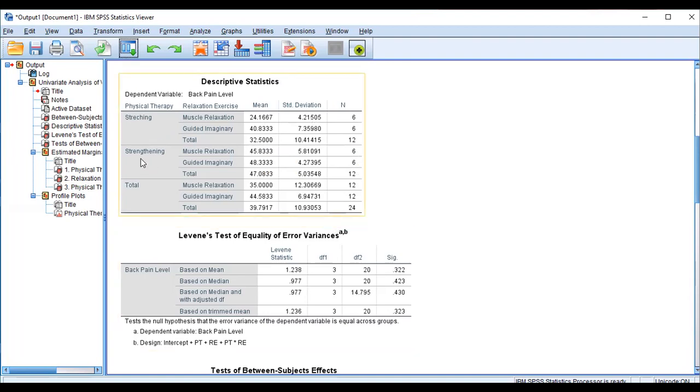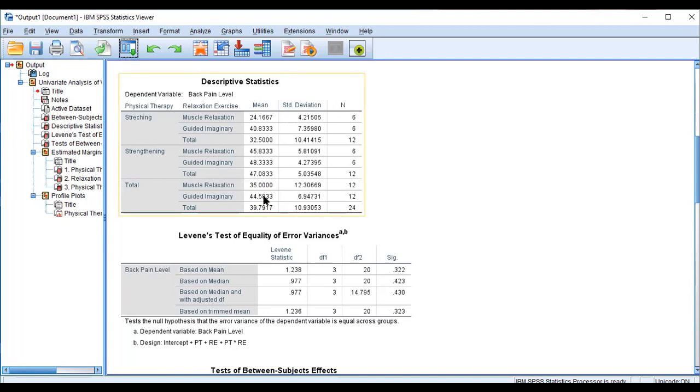Similarly, for physical therapy being strengthening, with muscle relaxation and guided imagery, we had 6 people each. The means were 45 something and 48 something, and the standard deviations were 5.8 and 4.2. For strengthening overall, the mean pain level is 47 something with a standard deviation of 5 something, and we had 12 people who went for strengthening.